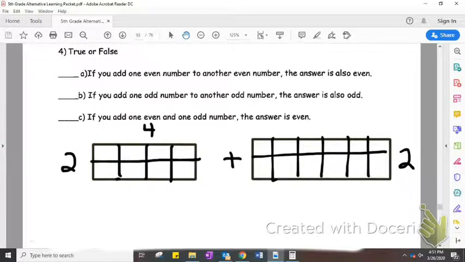So this one is 8 plus 12. If you were to put these two together, combine them, then this would become one long array.